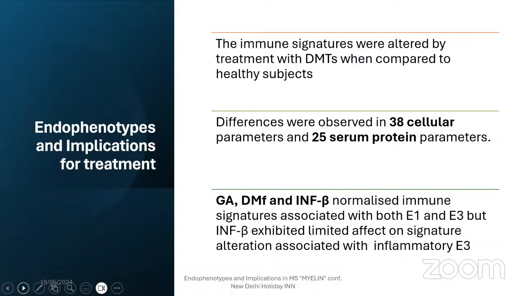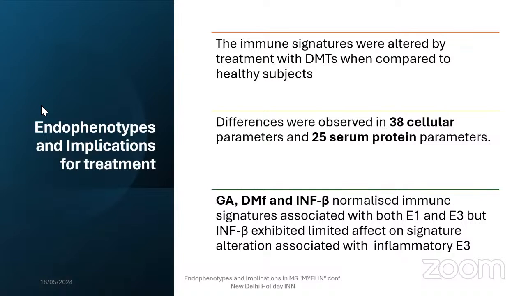And what are the implications? The immune signatures were altered by treatment with DMTs when compared to healthy subjects. The second point was that differences were observed in 38 cellular parameters and 25 serum protein parameters, which normalized with treatment. And there is a difference between the efficacy of treatments.